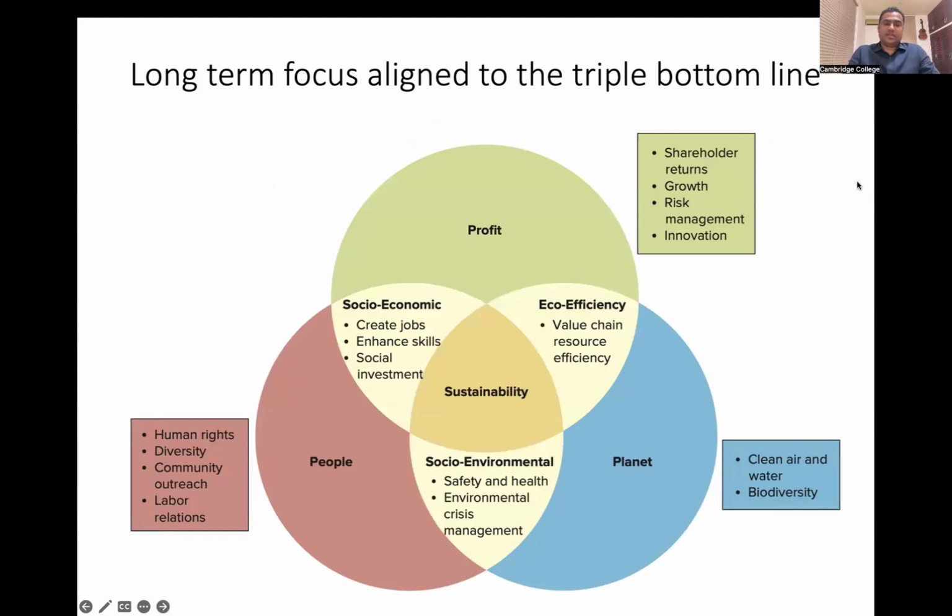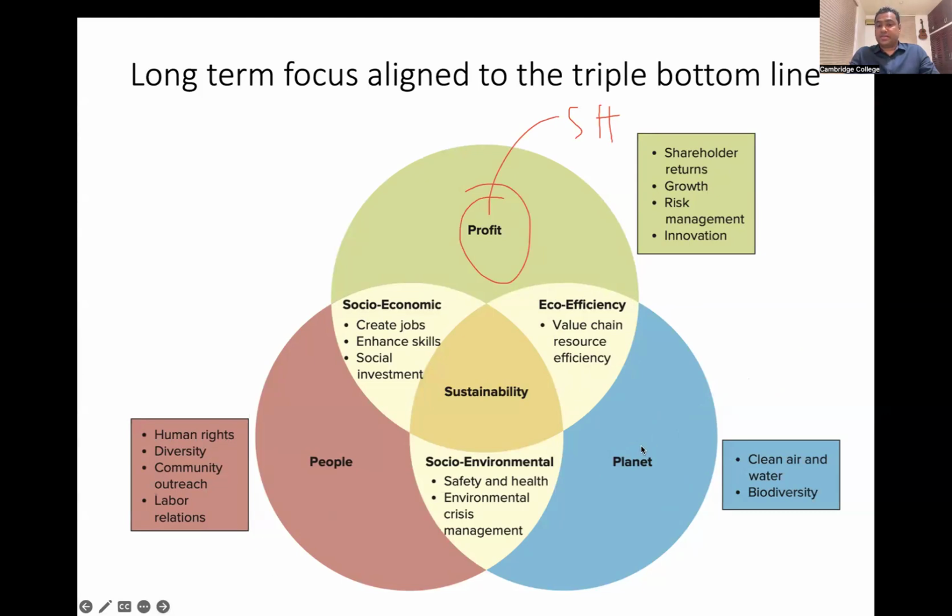Now we have learned what the triple bottom line is: profit, people, and planet, the three Ps. We've understood that not only should companies focus on economic profit, where you generate wealth to shareholders, the company must also consider the planet and people.